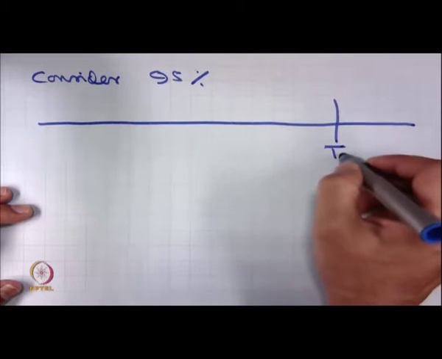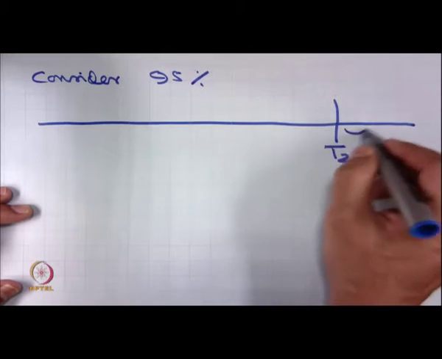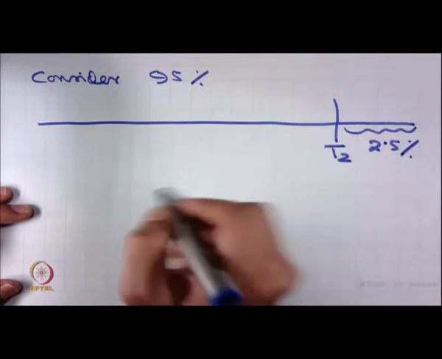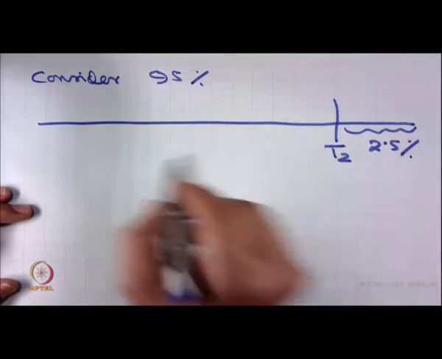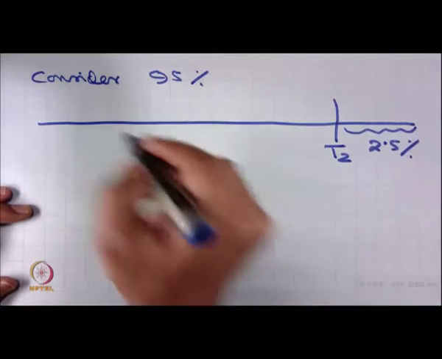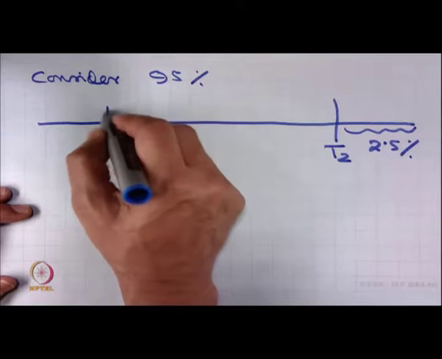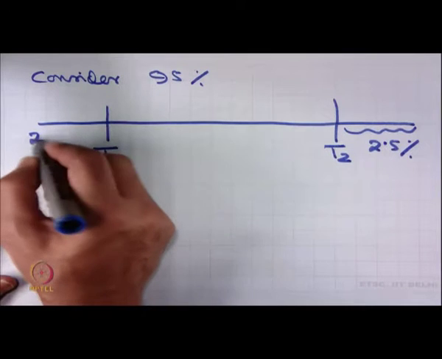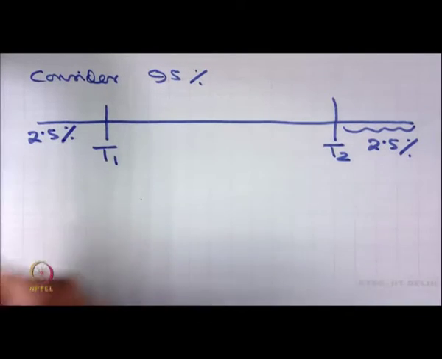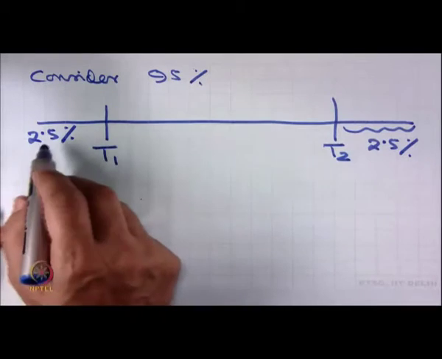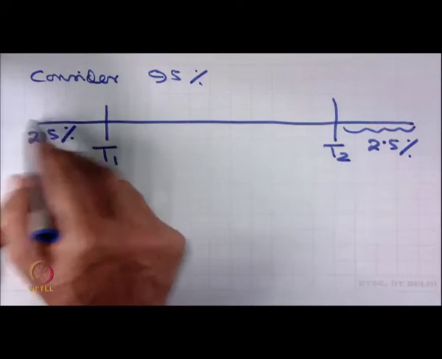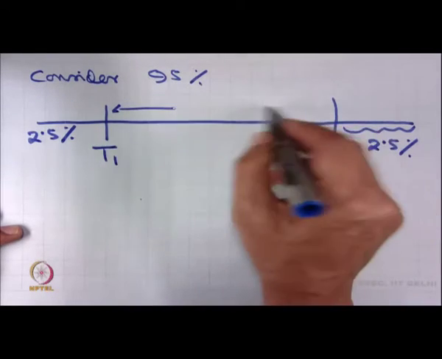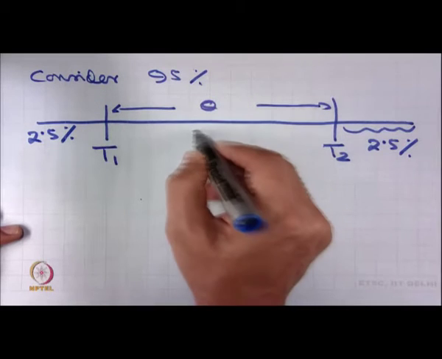We want T2 such that on this side of T2 there is 2.5% chance that the variable will occur, and say T1 such that on this side also there is 2.5% chance that theta will occur in this region. So, the 95% confidence interval for theta is this.